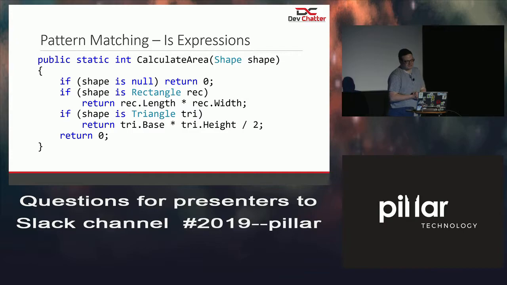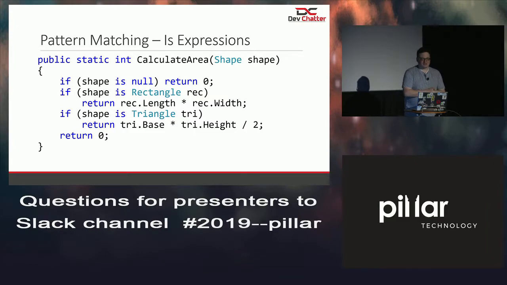And I will show it to you with this basic explanation of how it works in an is expression in the language. If you look at that, let's look at the second line. So if shape is Rectangle rec. And I want to talk about that one first because it's the one that lines up with what I was just saying. So essentially we've said if our shape object matches the pattern of the type Rectangle, meaning it is a rectangle, then we want that shape to be stored in the rec variable we've created.